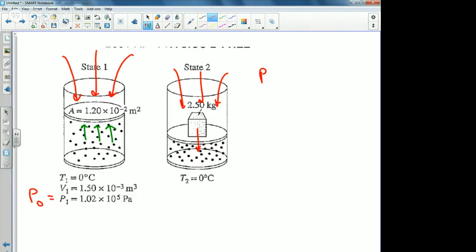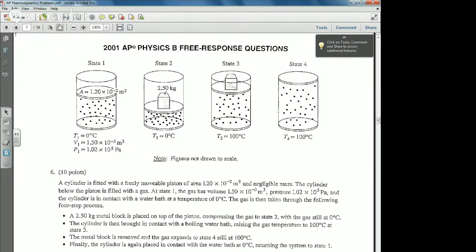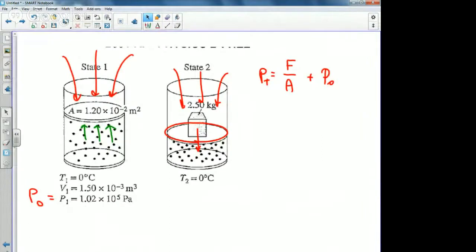P is equal to F over A. So the total pressure that's pushing down at that point is really equal to F over A, the force of the block, in this case pushing down on this area over here, plus air pressure. So the area of the cylinder was 1.2 times 10 to the negative 2.